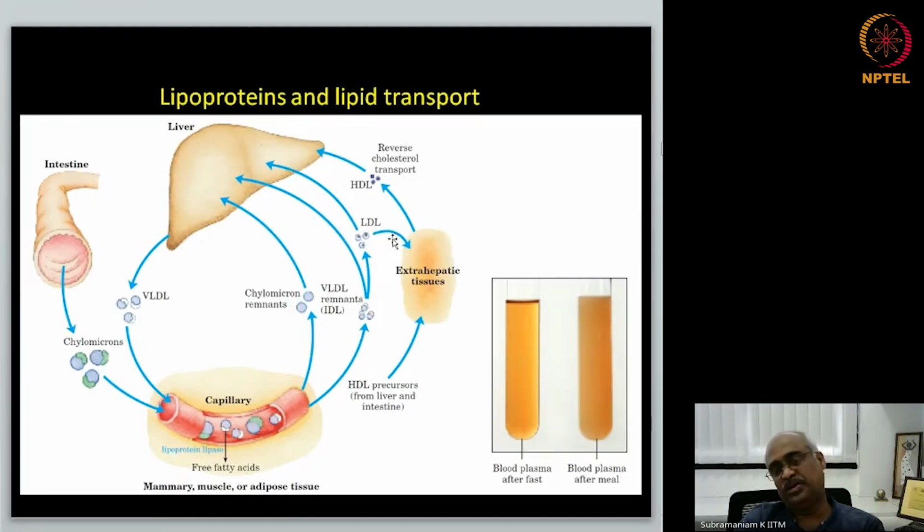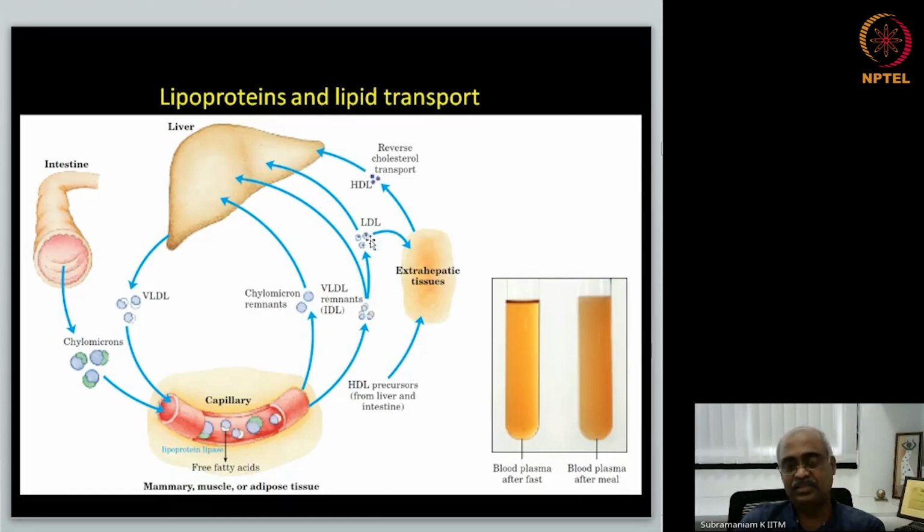This is an important route. For example, if you are very vigorously exercising, LDL will be taken up by other tissues. That is why this is called extrahepatic tissue. All the other tissues that use up fat are called extrahepatic, because hepatic, this liver, is a main site where many things are happening.